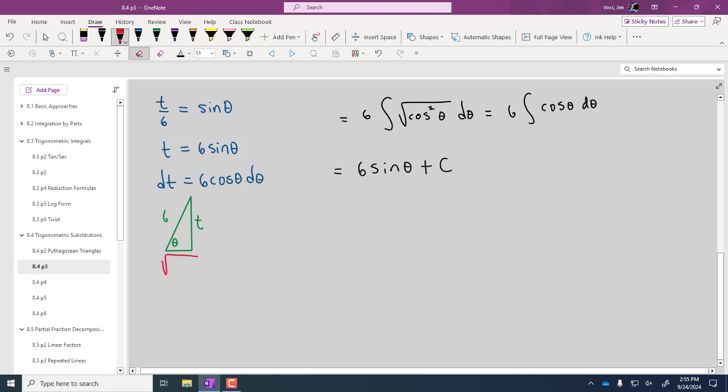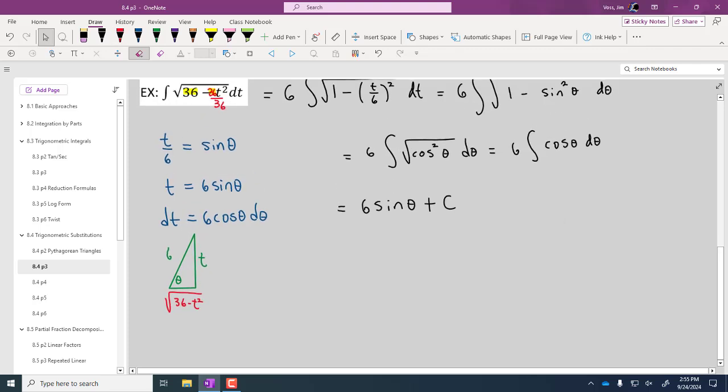So the square root of 36 minus t squared is going to be the missing side. Again, we don't need it in this case, but we did it anyway. Sine of theta is t over 6.